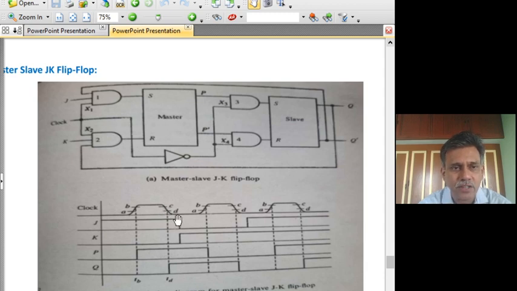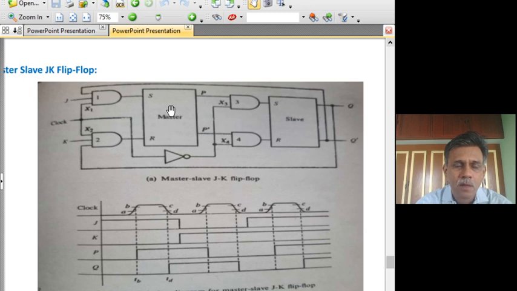Now during the trailing edge, at the point C, the master is disabled. These two AND gates are disabled and therefore J and K will no more affect the value of the master.